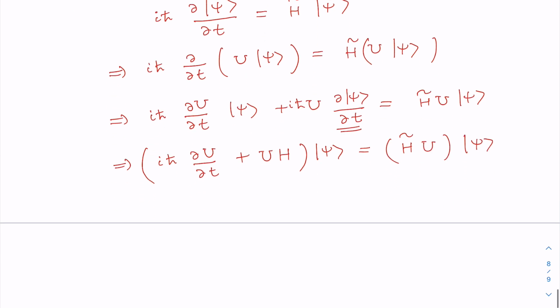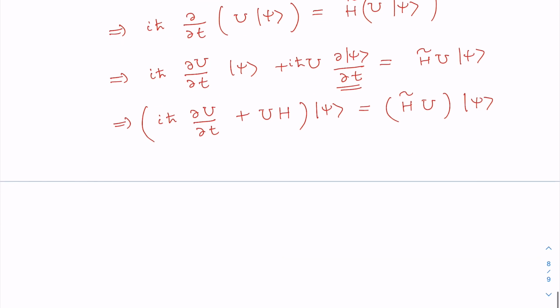From here I can immediately get H tilde if I operate from the right by U dagger. Then I will have H tilde equal to i h cross del U del t U dagger plus U H U dagger.